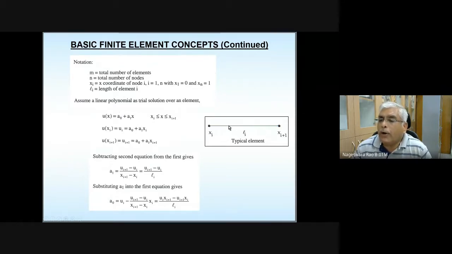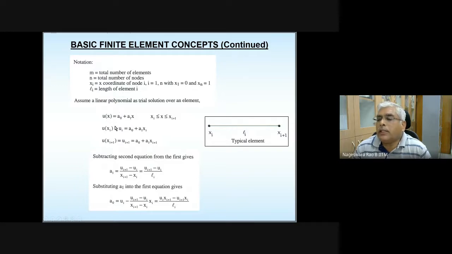If you have 2 points in space, the simplest way you can join these 2 points is by a straight line. The equation of a straight line can be represented as y is equal to mx plus c, or the same thing is written here. And let the variable that varies over this line be u.